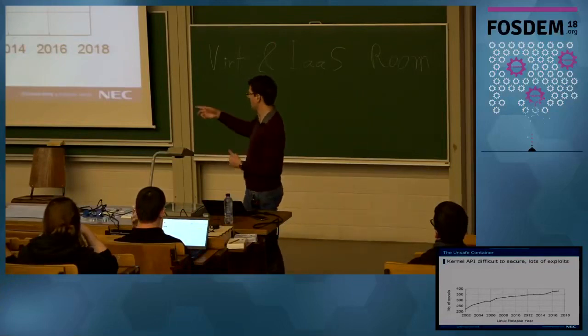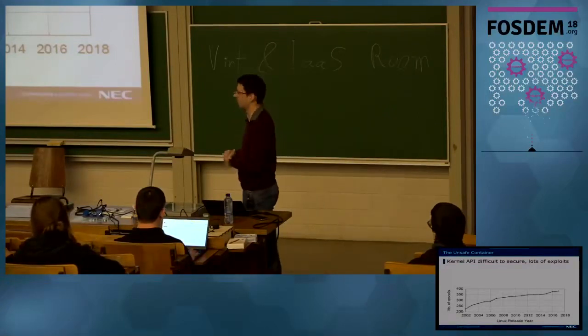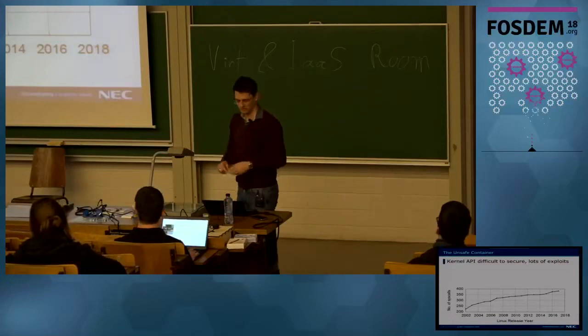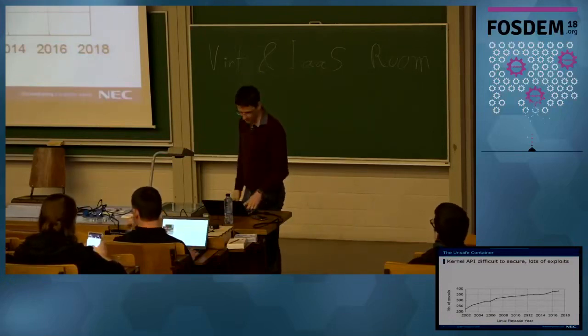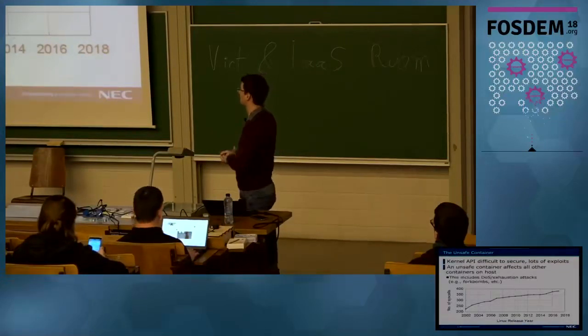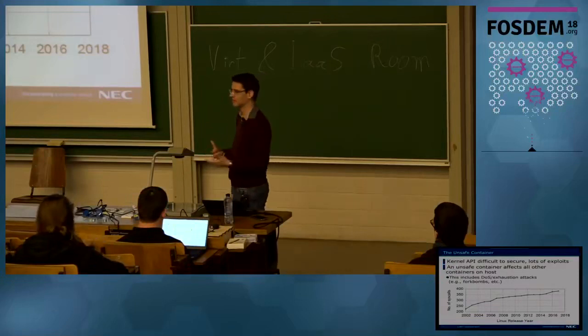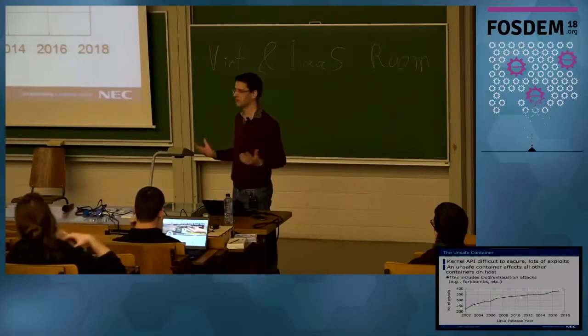And also, if we check the latest Linux releases, the system call number is incredibly increasing compared to hypercall numbers on a hypervisor. So, of course, I don't need to tell you if one container uses a system call which is not really protected securely, and you break out, your whole system is in danger.